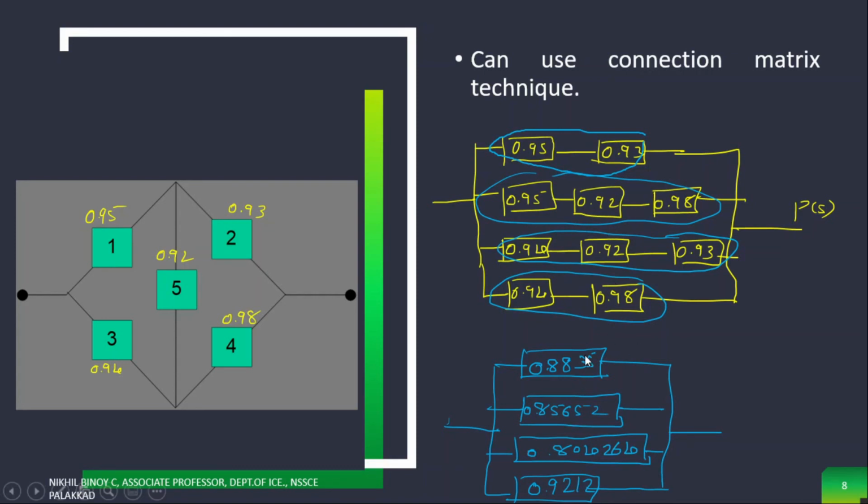Now we have to find the system reliability. So what we have to do? As it is a parallel configuration, find the failure of each element, take the product, and subtract it from 1.